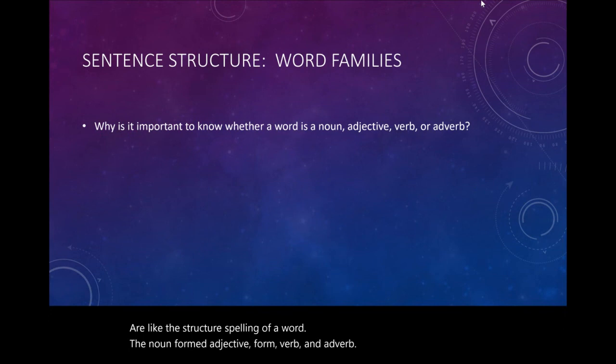So, for example, if I say transport, like if I say we use trucks and planes to transport things around the country. Transport is a verb, something you do.